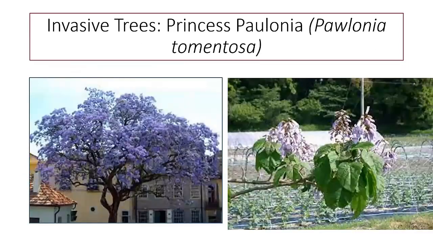The last tree, or I'm sorry, this isn't the last, the second to the last tree is another lovely, lovely tree, the Princess Paulonia tree, Paulonia tomentosa. This tree is actually blooming now. I saw some out along Highway 234 in the mid-county range, not near Lake Jackson, growing up in between the bridge sections over the Occoquan.